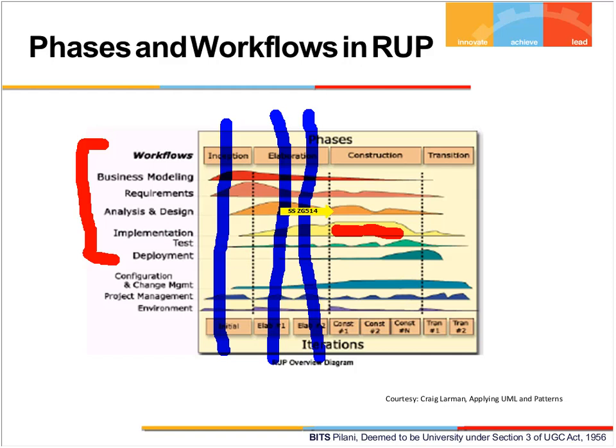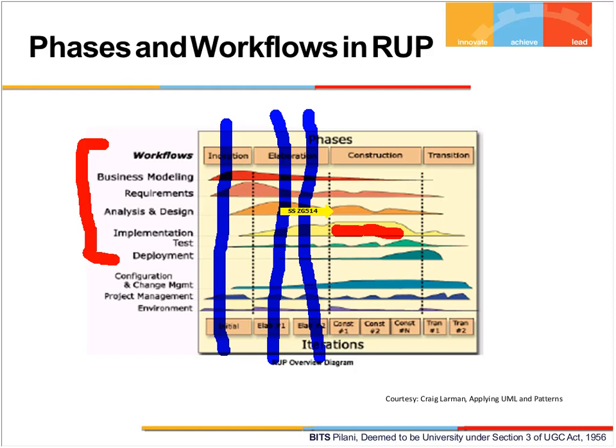So that is the reason your emphasis on business modeling and requirements is reducing. Your product has reached such a high level of maturity that while it is more or less in the construction phase, there are only very small portions of the requirements which are left to be picked up, analyzed, designed and implemented, right?